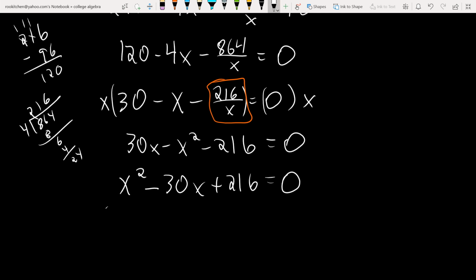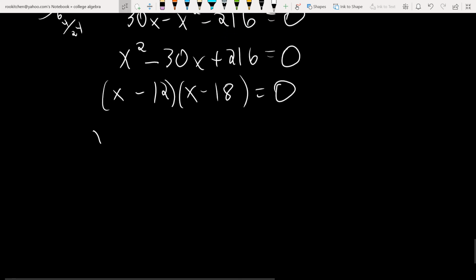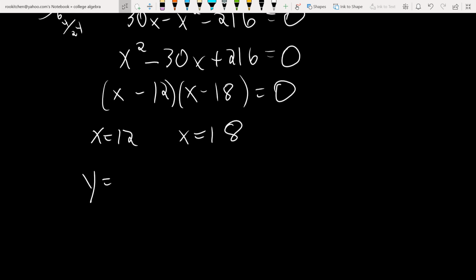And then you may have to play around with this a bit, but you're going to get x minus 12 and x minus 18, if you do it right, equals 0. So either x is 12 or x is 18. If x is 12, then y will be 216 over 12, which is 18. If x is 18, then y will be 216 over 18, which is 12.